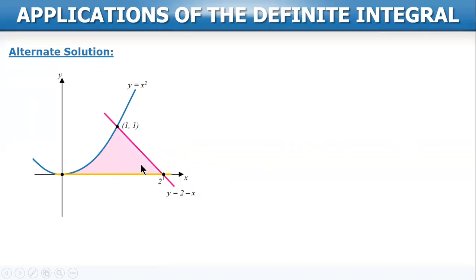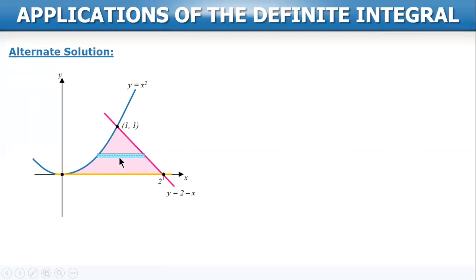Whereas if you use a horizontal rectangle, the graph at the right is always the line, and the graph at the left is always the parabola. Even at the lowest part, it will still be line minus parabola. At the upper part, line minus parabola. So, consistent.